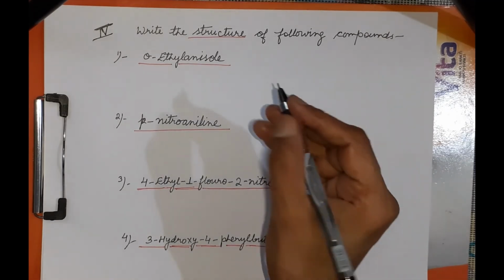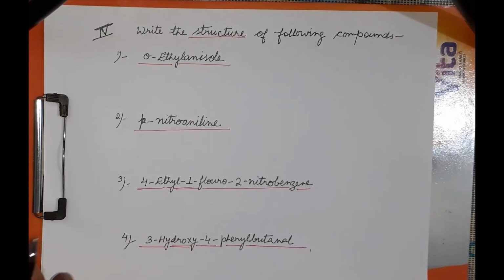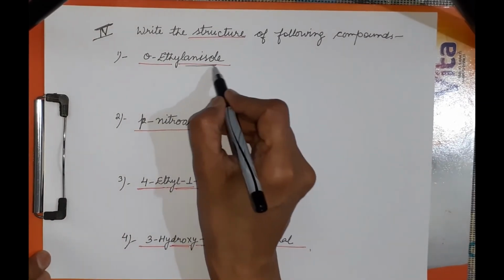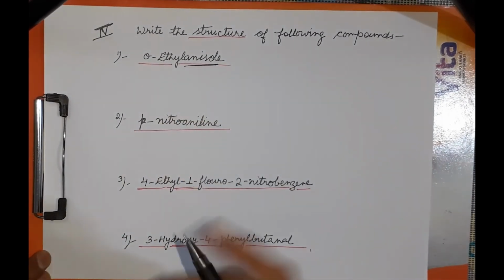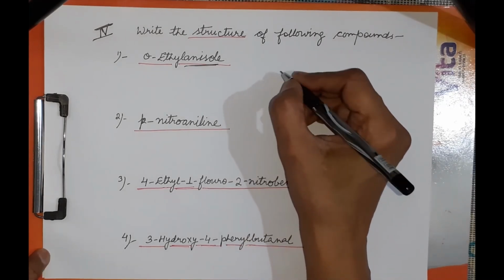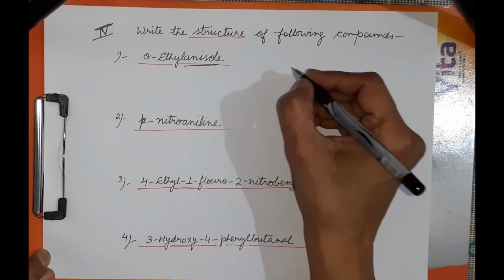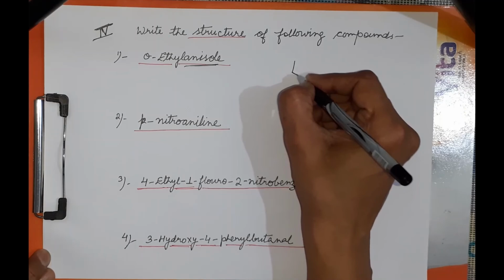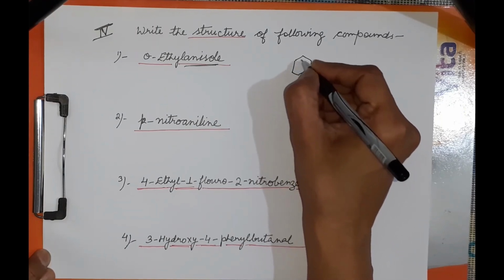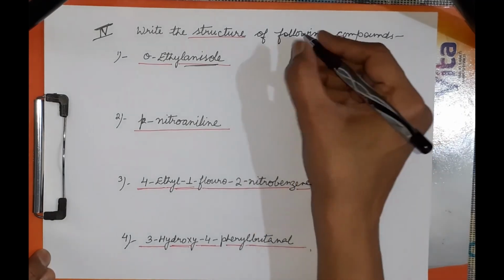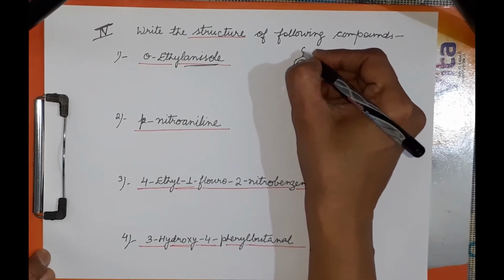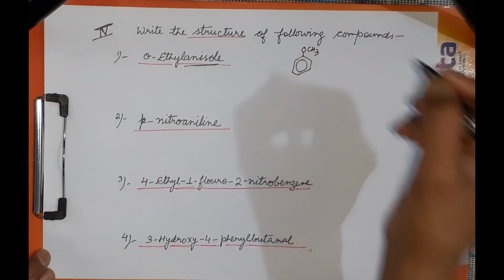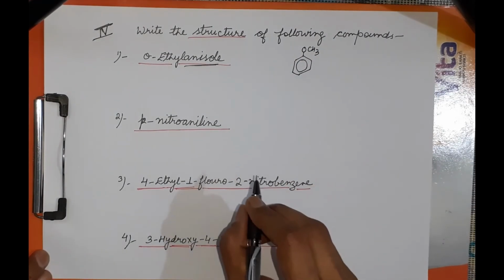So first, anisole is written. So what is anisole? Let us recall. Anisole means when the benzene ring is having one OCH3 group. This is called anisole.